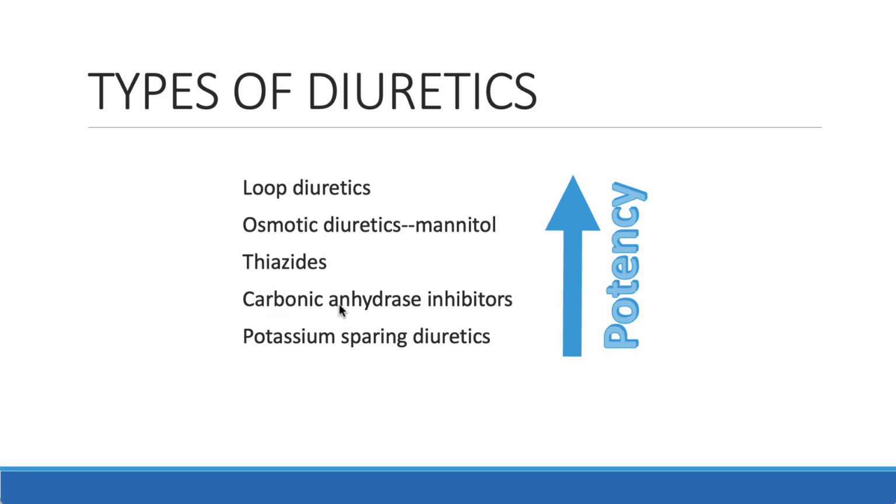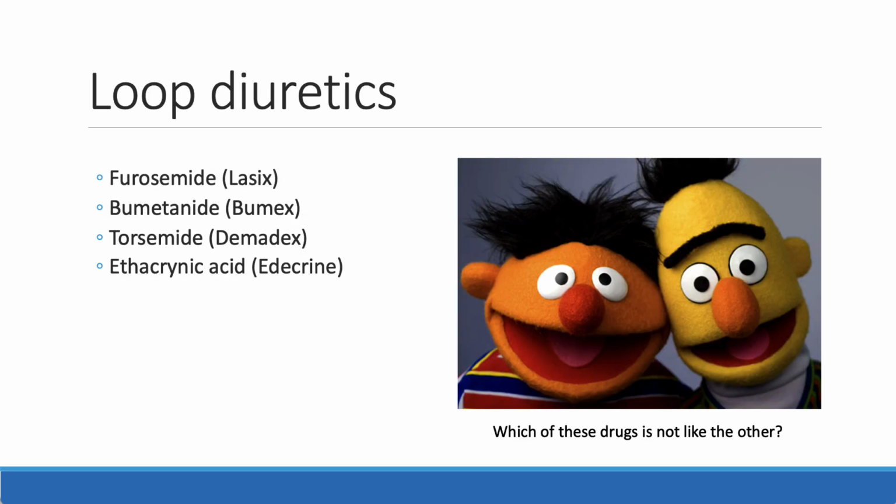And then we have the carbonic anhydrase inhibitors. We'll talk about their special effects later. And as far as potency goes, the amount of fluid that they put out, the potassium-sparing diuretics are the lowest. They have the least amount of effect, and they really don't produce very much urine at all. But they act in the nephron. That's why we call them diuretics.